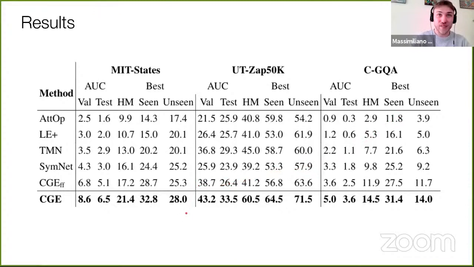And the performances in the C-GQA benchmark, where the unseen compositions are 1,000, are remarkable. In the unseen case, one goes to 10.7 unseen accuracy by end-to-end training, while the best baseline is SymNet with 9.2.